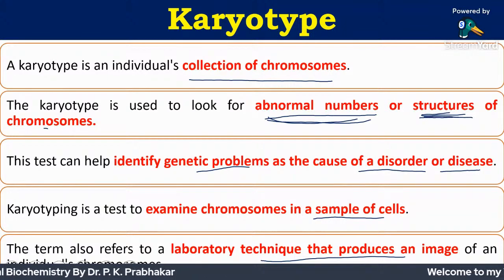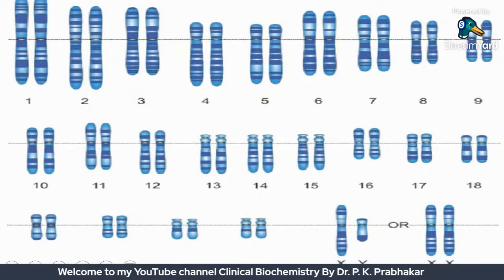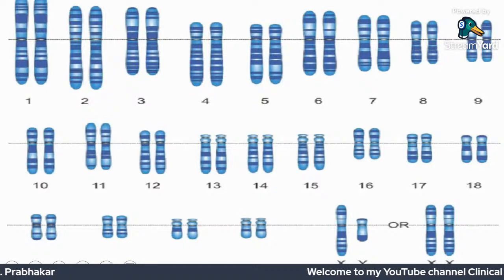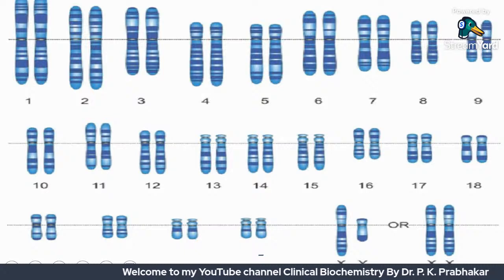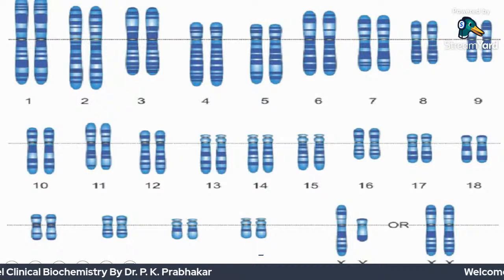Every chromosome in our cells is different. They differ in their size, shape and genetic material.